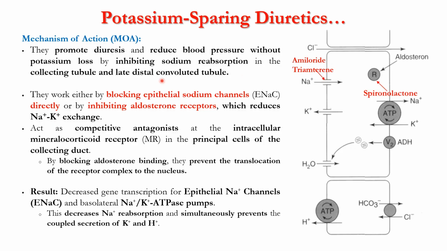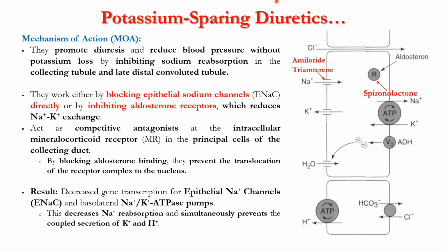And also they cause potassium retention, so they can block the exchange mechanism of potassium and sodium, so that the potassium remains in the blood rather than being secreted into the urine. So they can retain the potassium ions. That's also another important role.